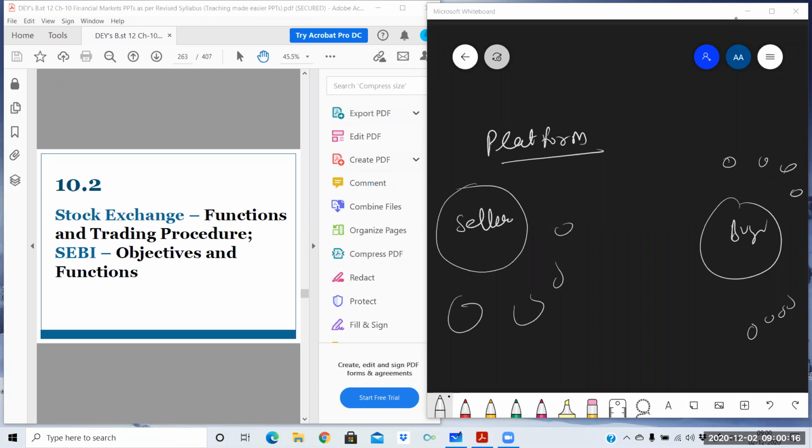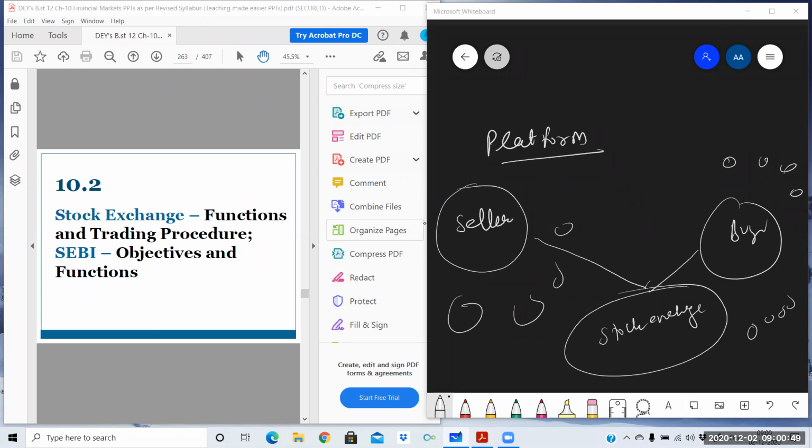But they both are quite far away from each other. They don't know each other. So to meet them, what is there? To meet all the buyers and sellers, a platform is provided by the stock exchange. So stock exchange basically provides a platform where all the buyers and sellers can meet with each other and can buy or sell the securities of the companies, whether it can be the equity shares, preference shares, or debentures.